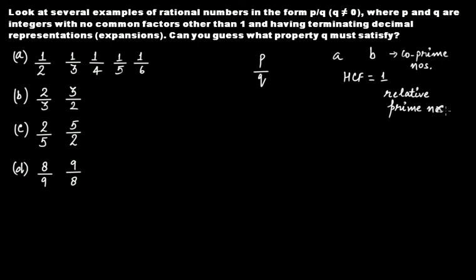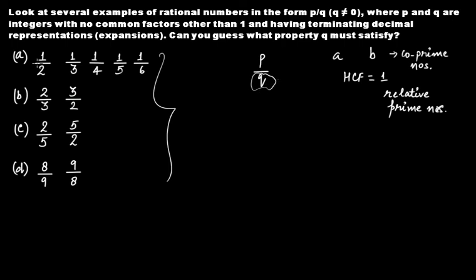Grade 6 mathematics. So the point here is that it's actually asking about co-prime numbers. I have taken some numbers here, and on the basis of this we'll discuss what property this q in the denominator should hold.